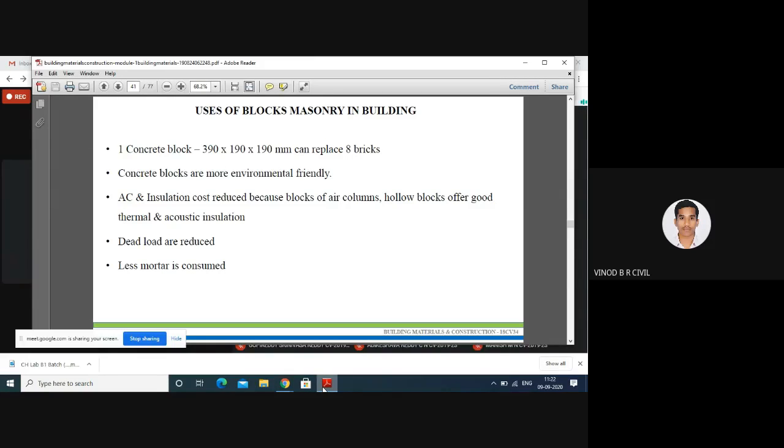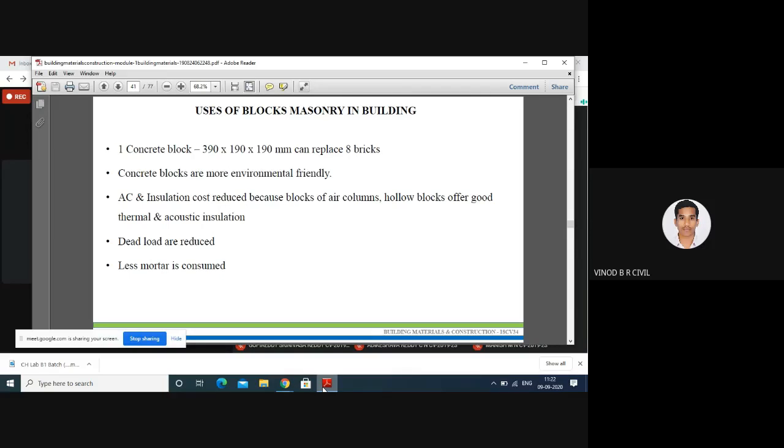Like that, there are n number of reasons for being environmentally friendly. And aerated concrete installation cost is reduced because of the air voids. Aerated blocks offer good thermal and acoustic insulation. As we know, it is a cost reduction technique, because we are using 50 to 60% of waste material, nothing but fly ash.